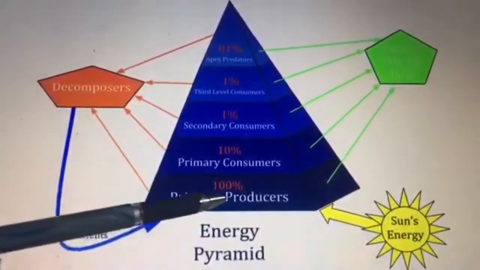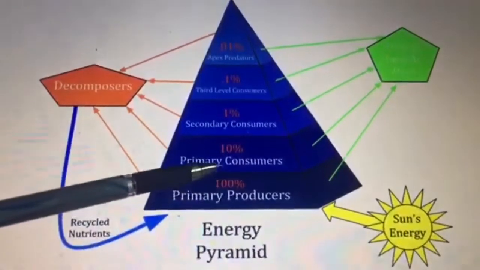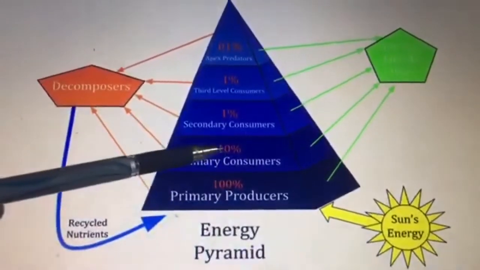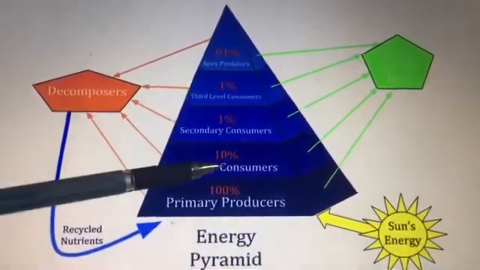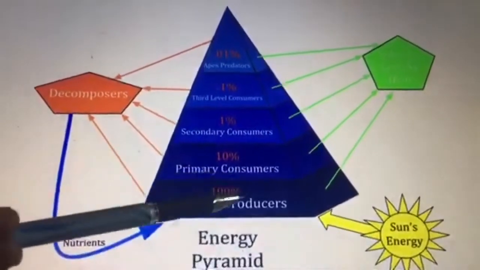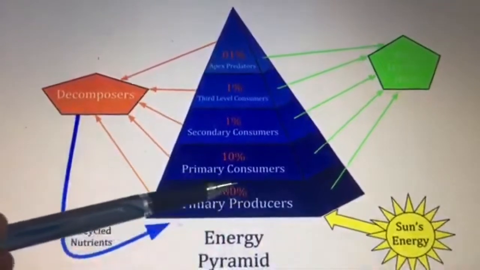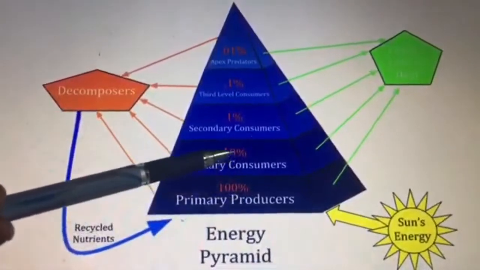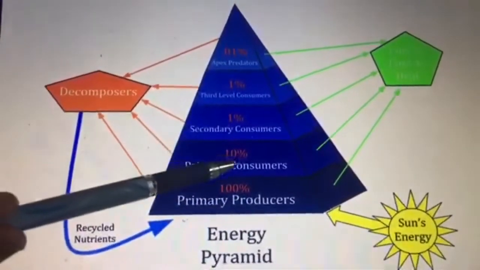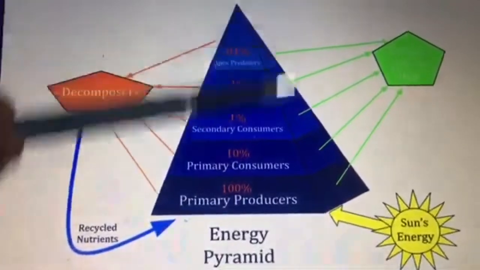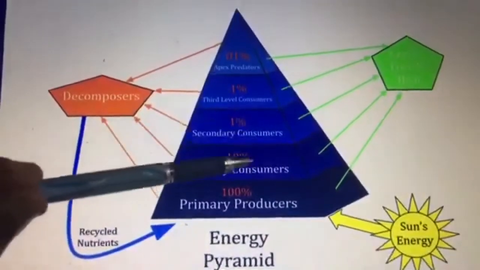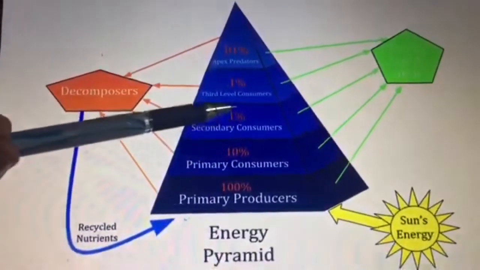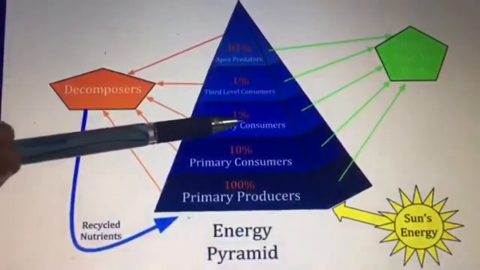When the producers are eaten by the primary consumer, that means herbivores, only 10% of the energy is transferred to the primary consumer. Here 100% food is available. When the primary consumer is eaten by the secondary consumer, only 1% of the energy is transferred.